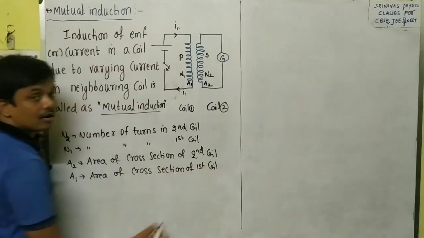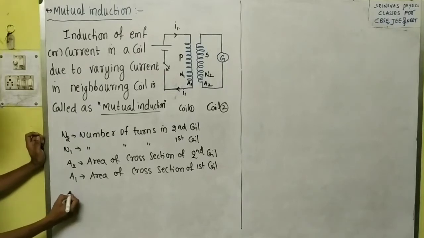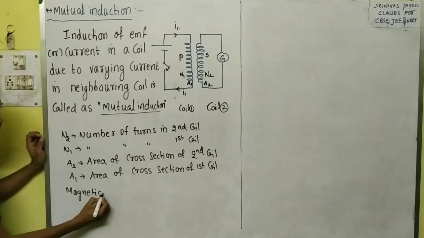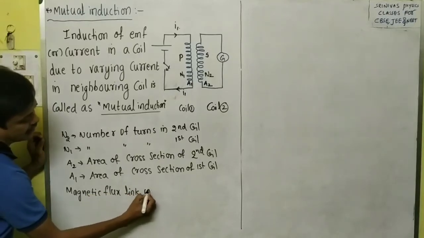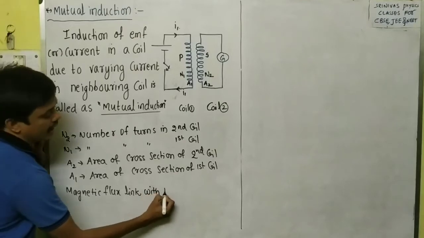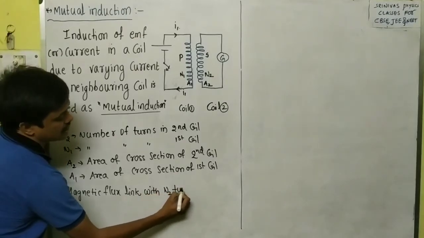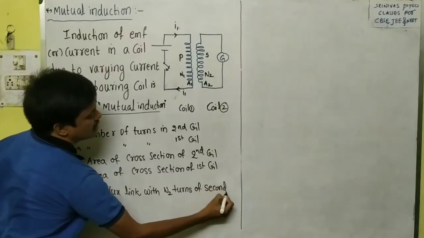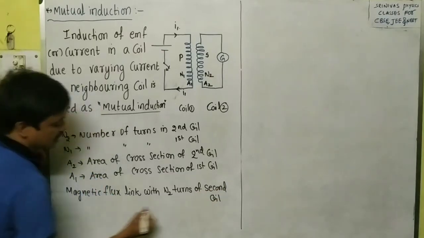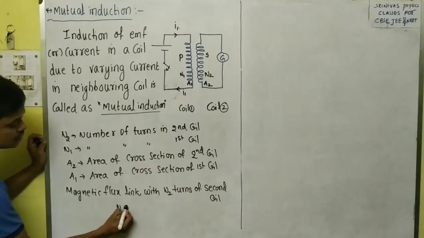I want the magnetic flux linked with the second coil, linked with the N2 turns of the second coil. That is N2 phi 2.